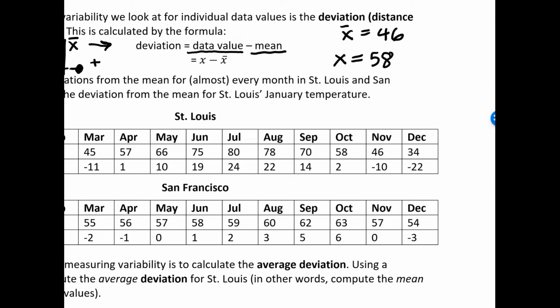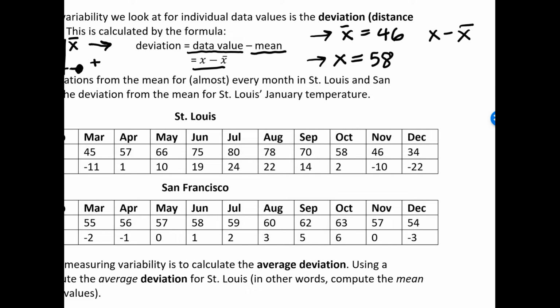If I wanted to figure out the deviation of this data point from the mean of the set, what I would do is take my x and subtract the mean. That's our formula here.